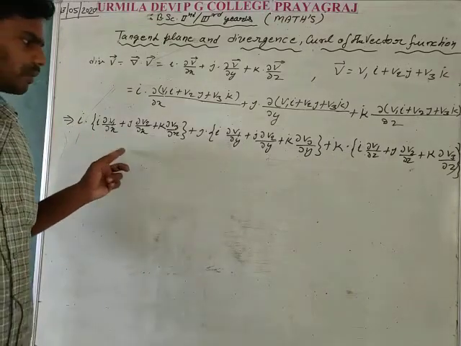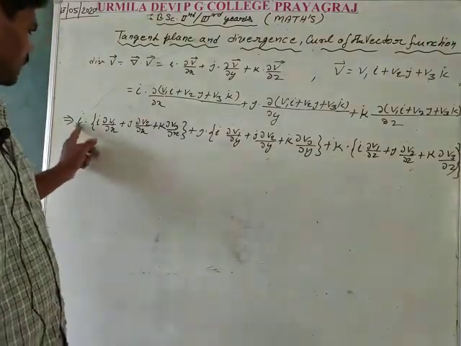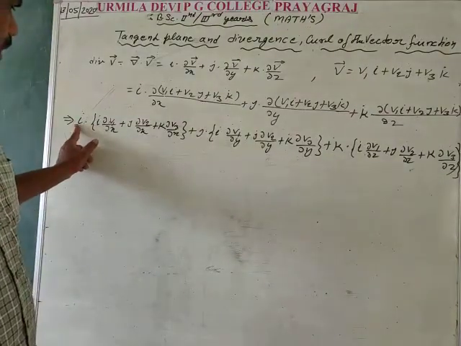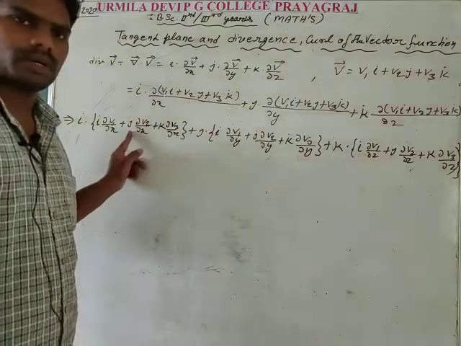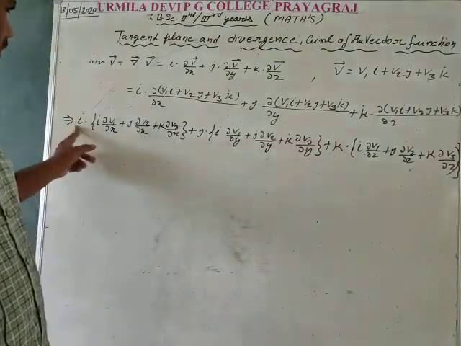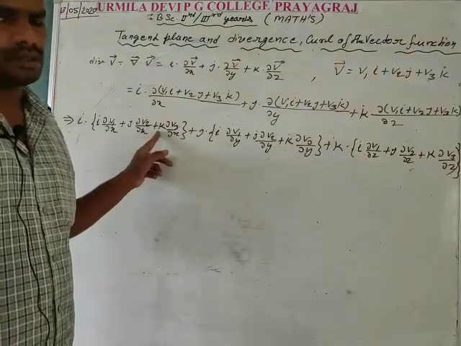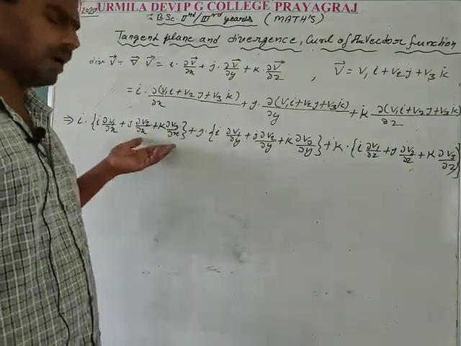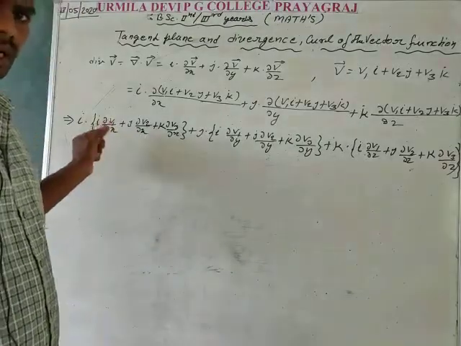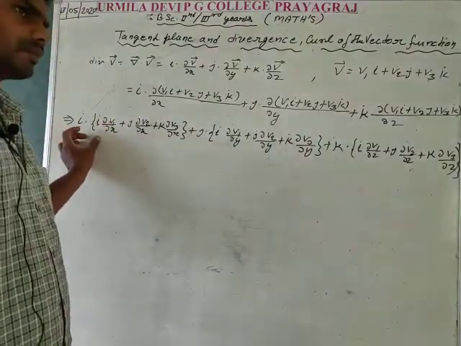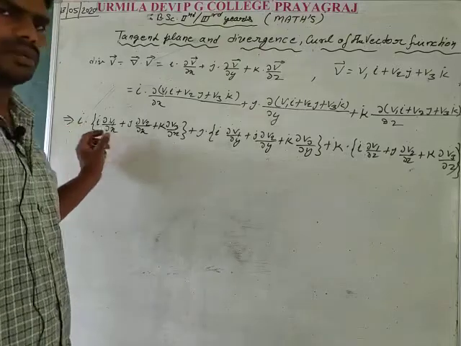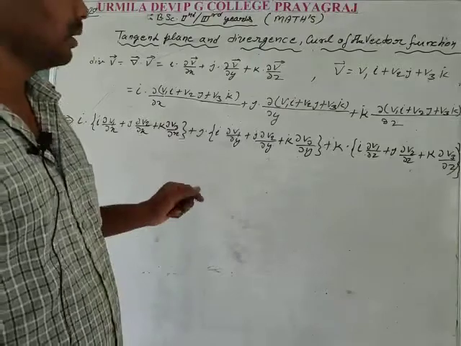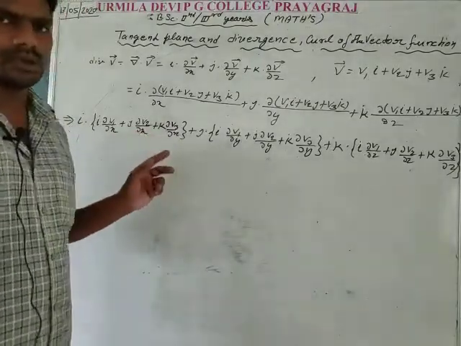From the rules, the dot product of i with i is equal to 1, i with j is equal to 0, and i with k is also equal to 0. Briefly, the rule is: the dot product of the same unit vectors is equal to 1, and of different unit vectors is equal to 0.